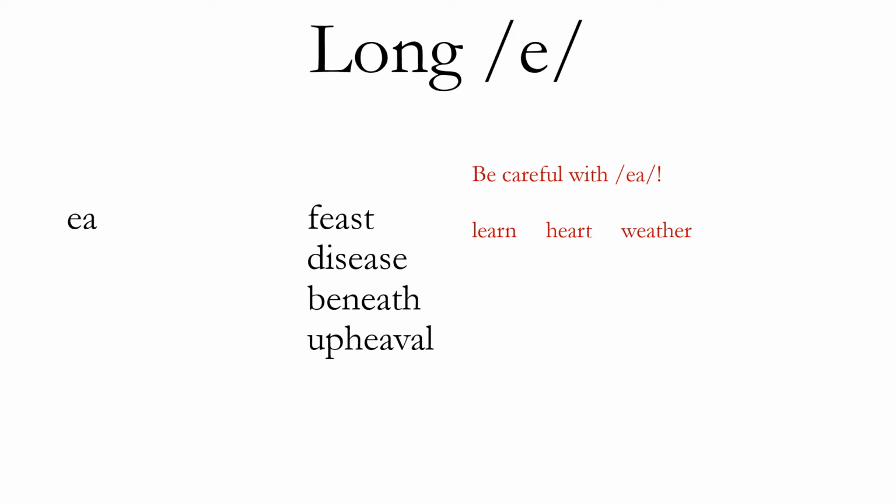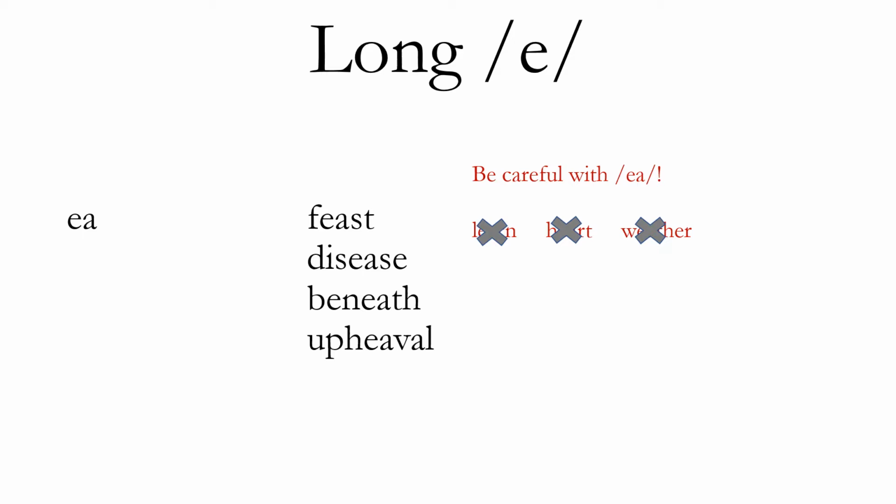Remember to be careful when you see EA, because it could sometimes be a completely different sound, as in learn and heart and weather, a short E. But we're not worried about those sounds this time. We're only going to be focusing on EA when it makes an E sound.